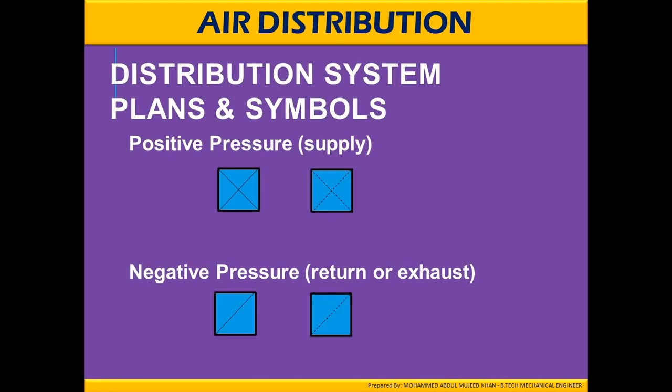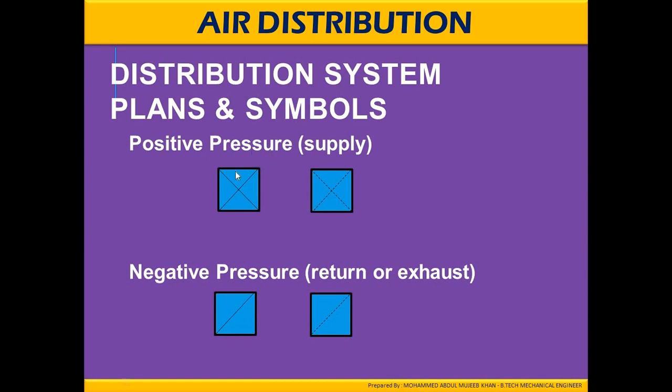Distribution system plans and symbols. Here you are going to see the positive pressure supply, the negative pressure return or exhaust. These designs are considered in duct designing to identify the types of ducts.